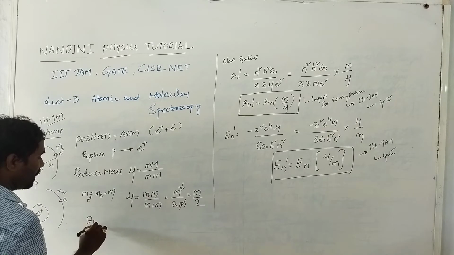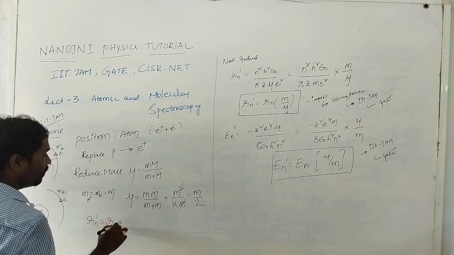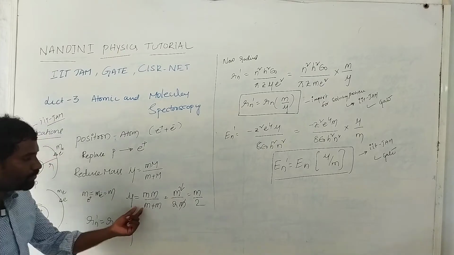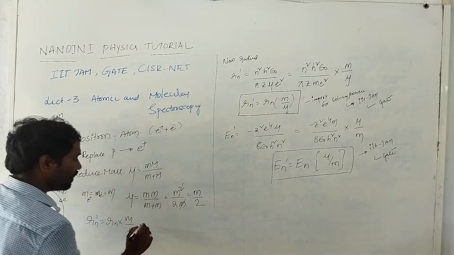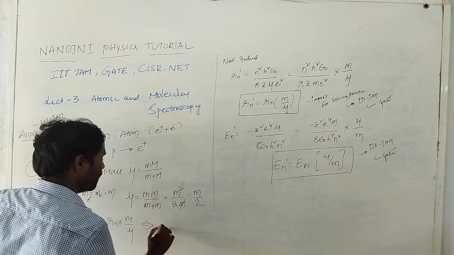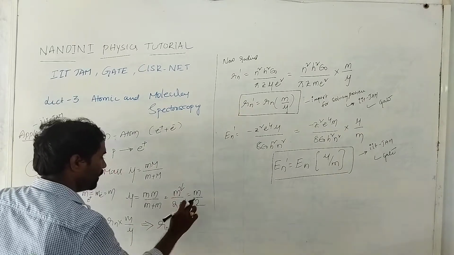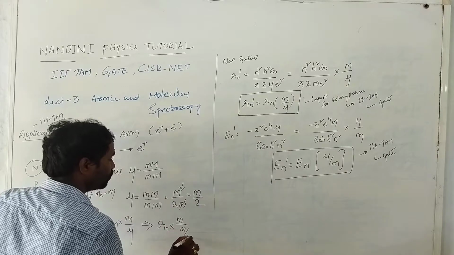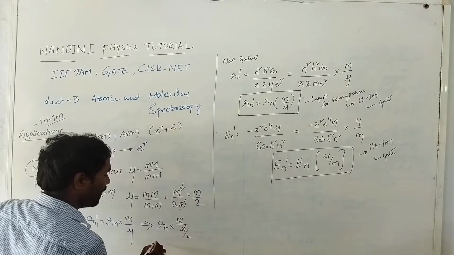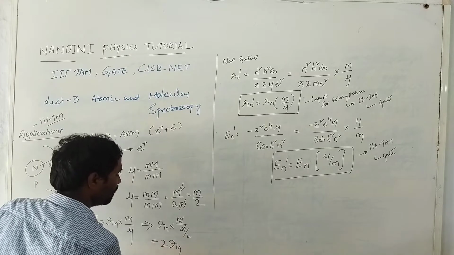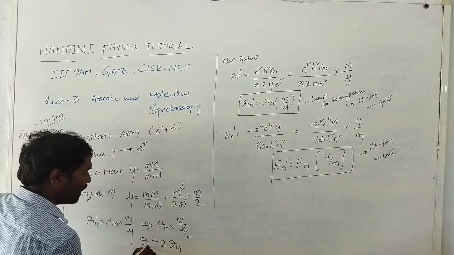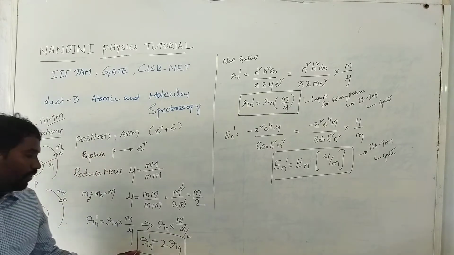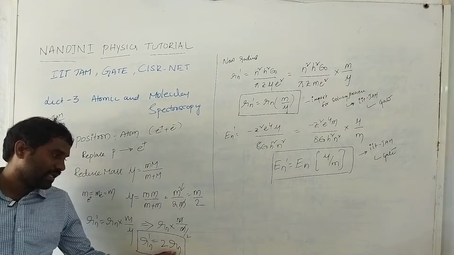The new radius Rn dash is equal to Rn into mass by reduced mass. Right now substitute the reduced mass. Simply this equation will become Rn into m divided by m by 2. So m will be cancelled. This is 2 times Rn. Therefore the new radius Rn dash is equal to 2 times the radius. So the hydrogen atom radius is Rn.